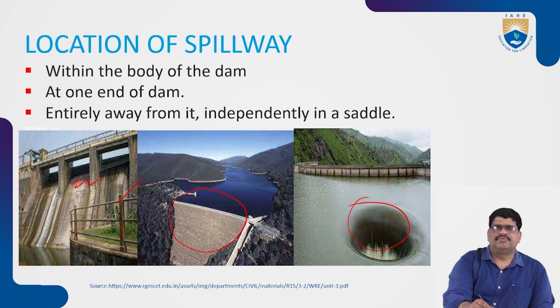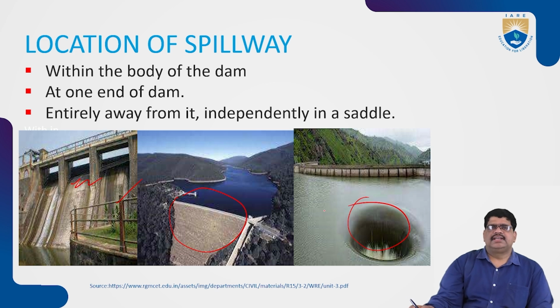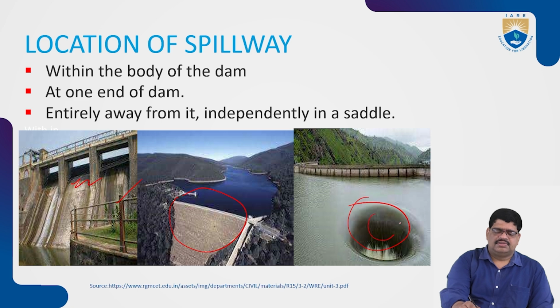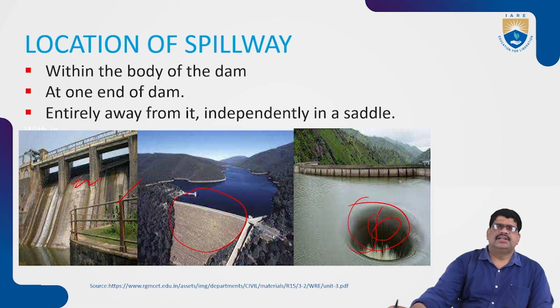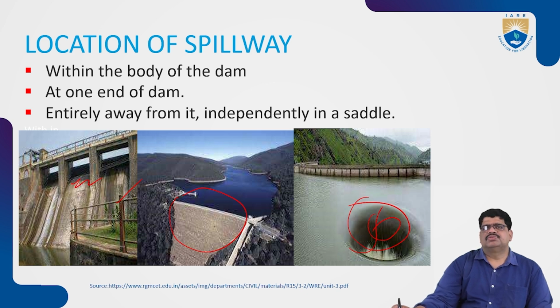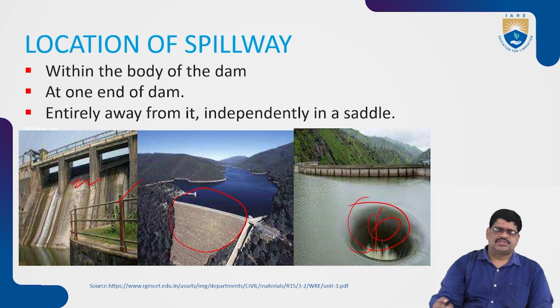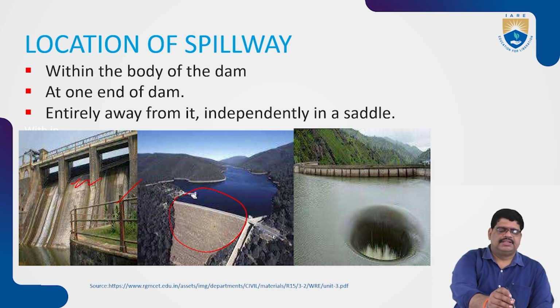Not in our country, but in foreign countries, water can be drawn from the dam storage reservoir and sent through a pipeline to one side, and also sent for other purposes, or discharged for power generation or any other purpose, or stored downstream. So this is also one of the methods applied for the locations of spillways.